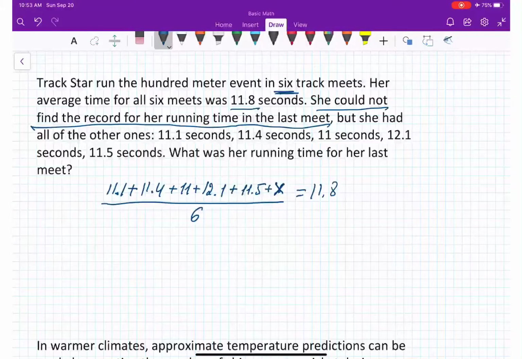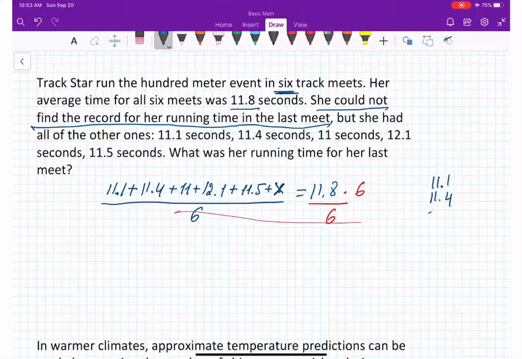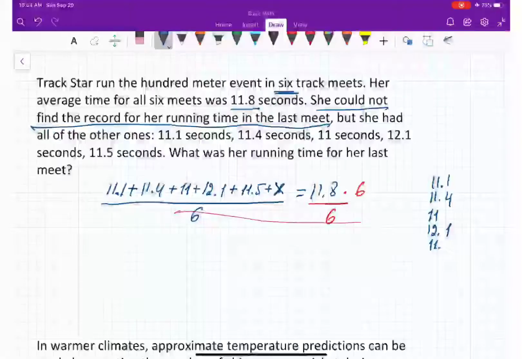Solve for X. Since it's a fractional equation, to get rid of this fraction, the common denominator is 6, so 6 divided by 6 times 6. Okay, and we drop this 6. So let me add here, let's do some drafting. 11.1 plus 11.4 plus 11 plus 12.1 plus 11.5.